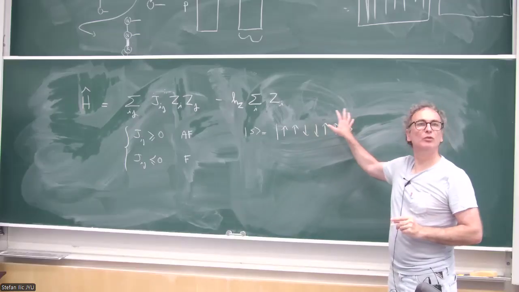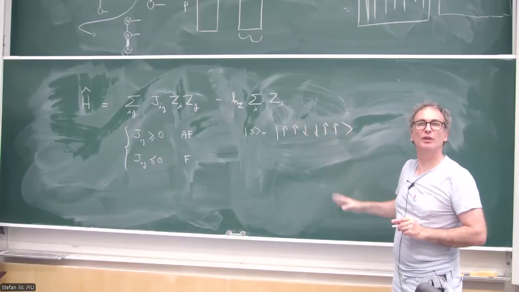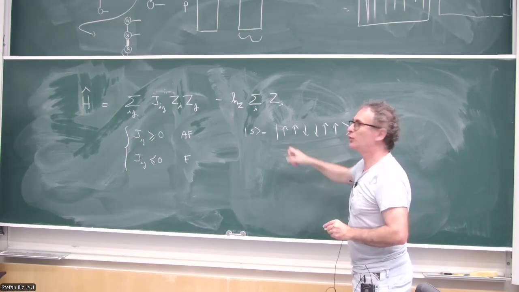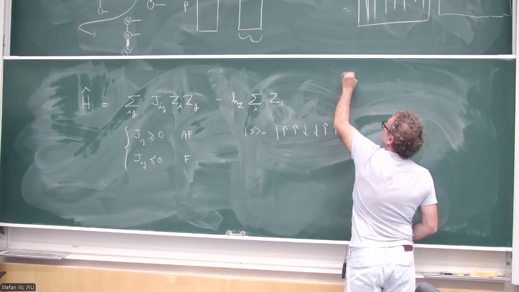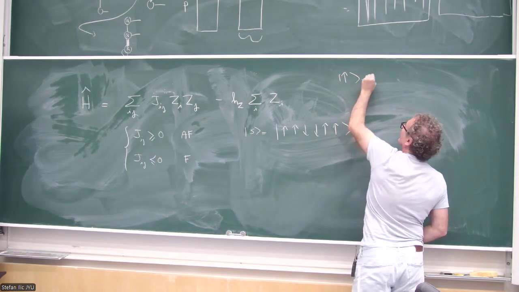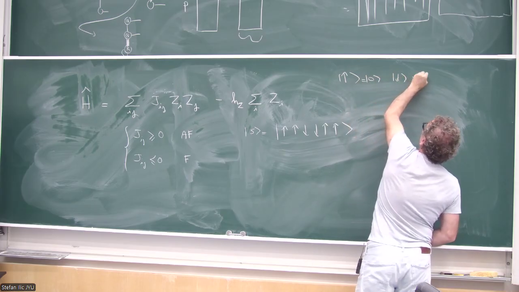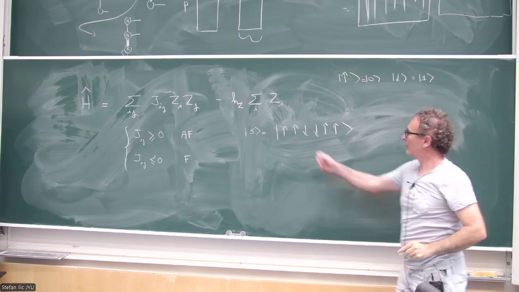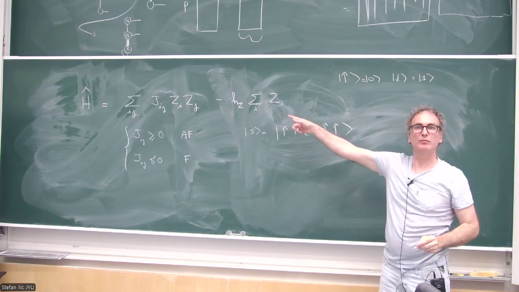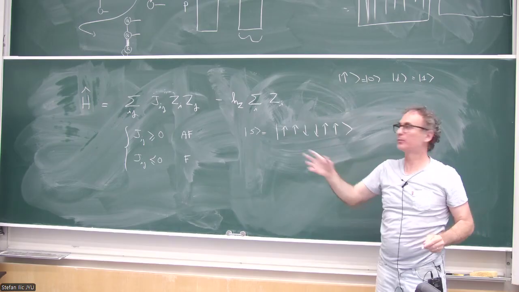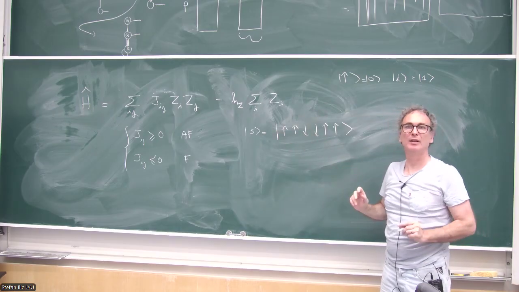You can also move to 0 and 1 if you want to stick to qubit notation. Up would be 0, and down would be 1. The same thing. This thing is diagonal in this basis, so it's a classical problem.